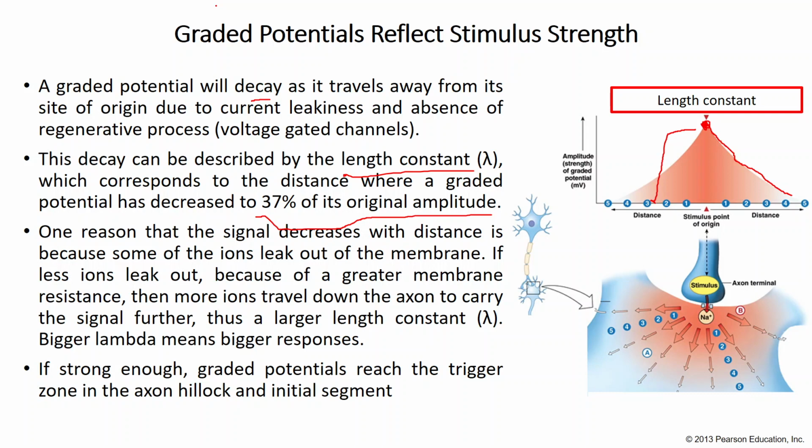And so the graded potential will travel a longer distance before it loses 37% of its amplitude. And so it will reach the axon hillock and will induce an action potential. So this is called the length constant. The larger the length constant, the higher the likelihood that the graded potential will result in an action potential.